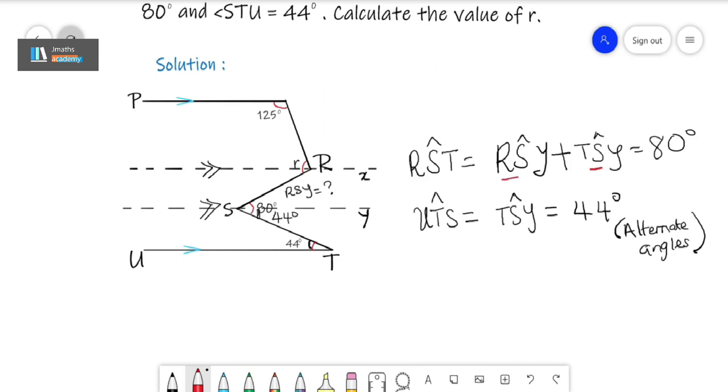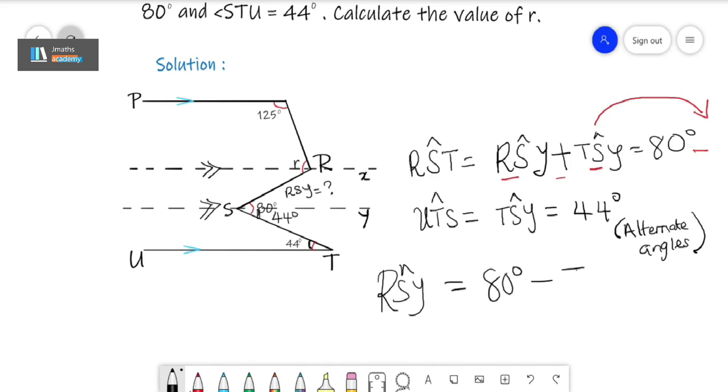Now to find RSY, we take TSY to this other side. The sign changes from positive to negative. Hence we have angle RSY to be equal to 80 degrees minus angle TSY, which is 44 degrees.